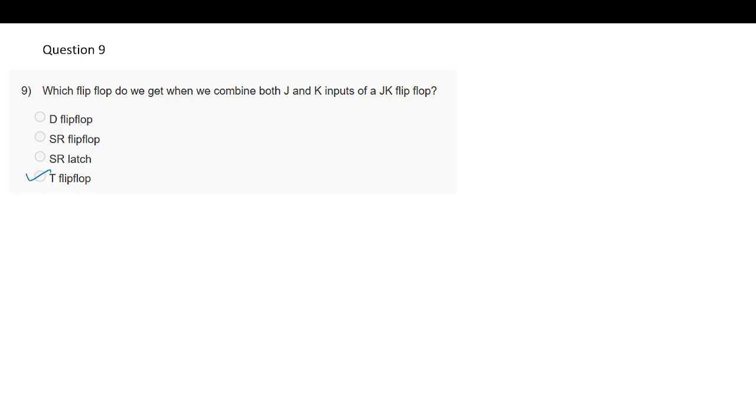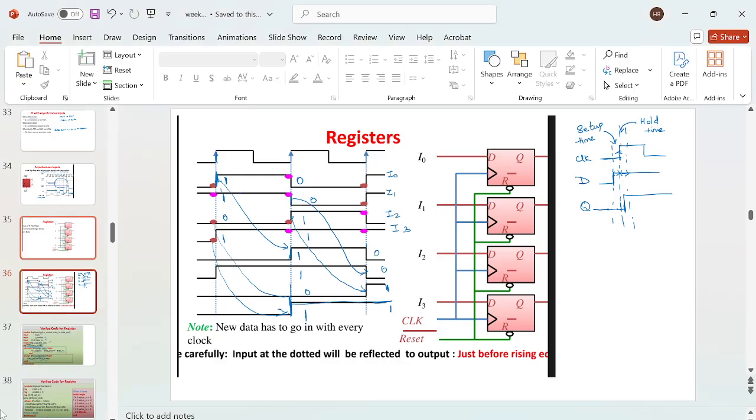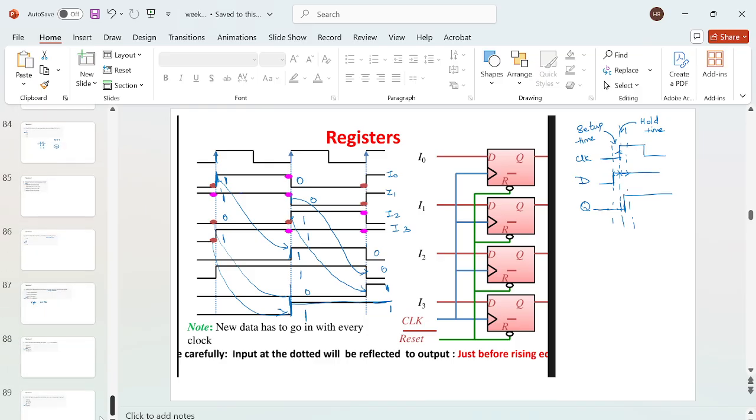Okay, so the next question. We will try one flip-flop conversion. We have some more time.